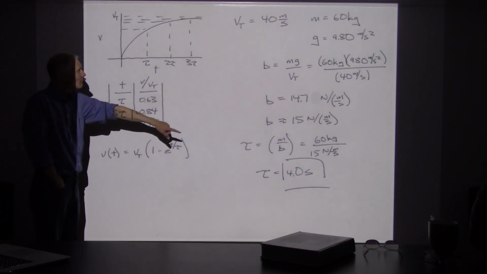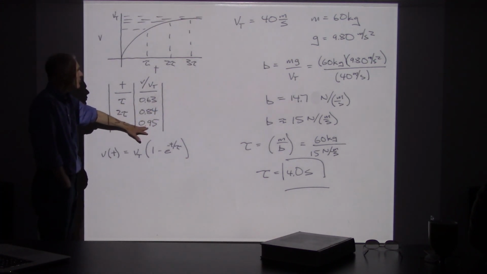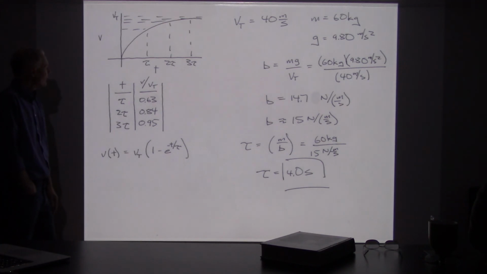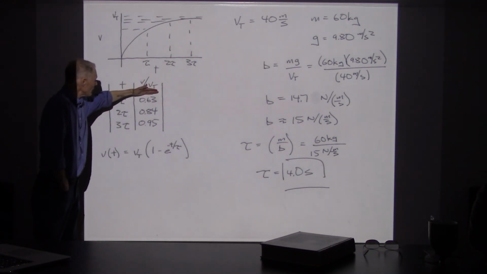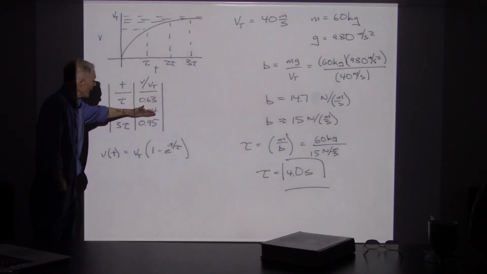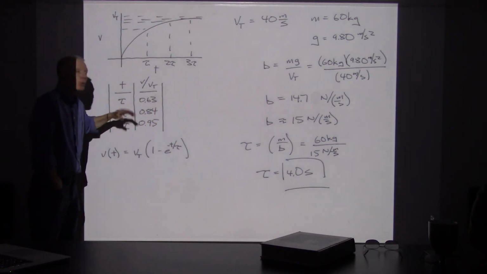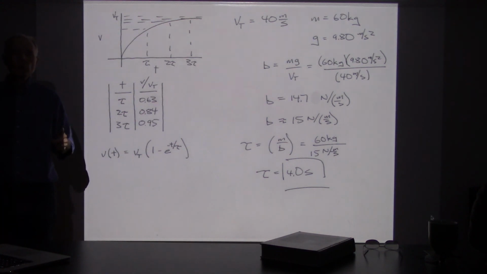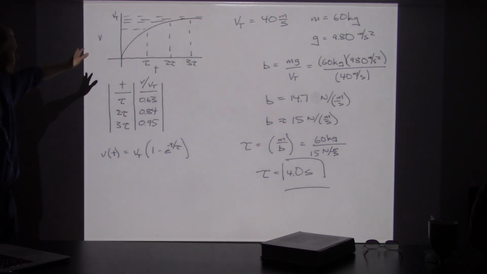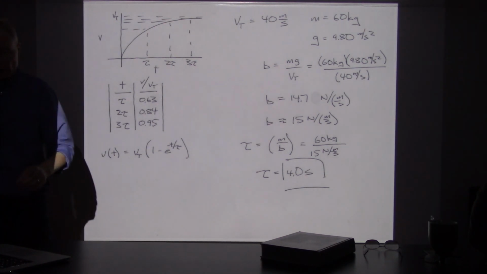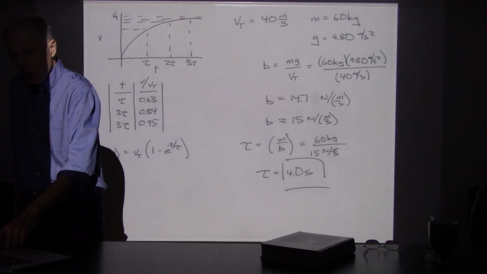And then after 4 additional seconds, now we're traveling at like 38 meters per second. So we're going from like 25 to 35 to 38. We're approaching terminal velocity, and the time constant for each of these is 4 seconds. Okay, so again, it's a function that shows up a lot.